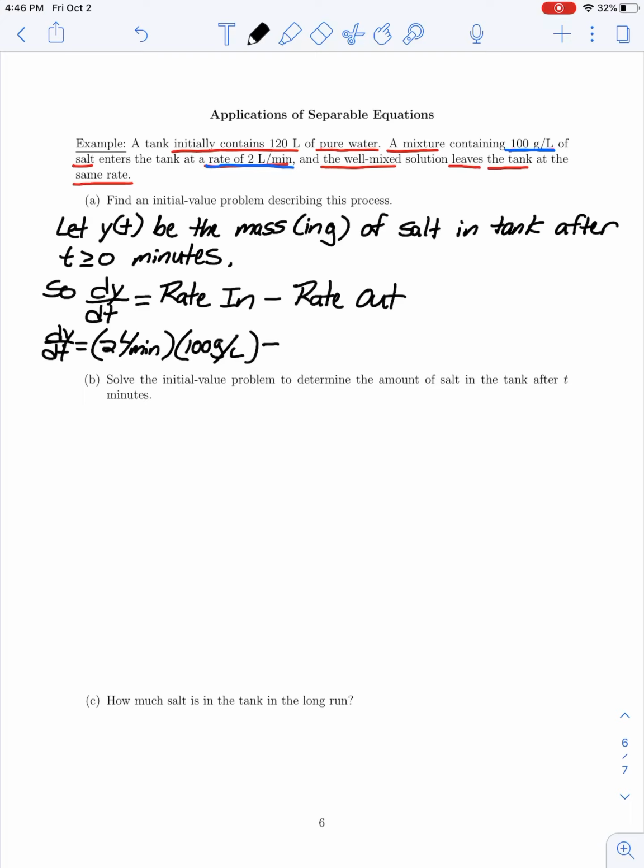Then we have to subtract the rate at which salt is leaving the tank. We're told the rate at which this solution leaves the tank is the same as the rate in, that is 2 liters per minute. Let's think about how much salt is in each of these liters that is leaving the tank. At any given moment in time, we have y grams of salt in our tank.